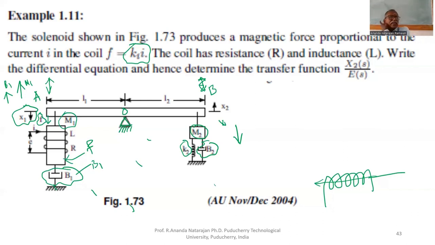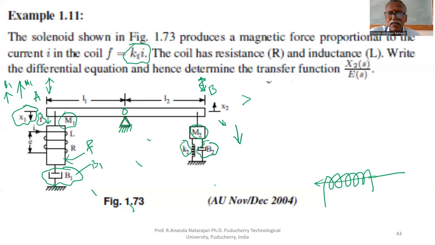The reaction forces are trying to rotate the beam in the clockwise direction. Am I correct or not? The reaction forces of M1, B1, M2, K2, B2, all five reaction forces, try to rotate the beam in the clockwise direction. But the force F tries to rotate the beam in the anti-clockwise direction. Therefore, if you take moments, the clockwise moment and anti-clockwise moment are equal.